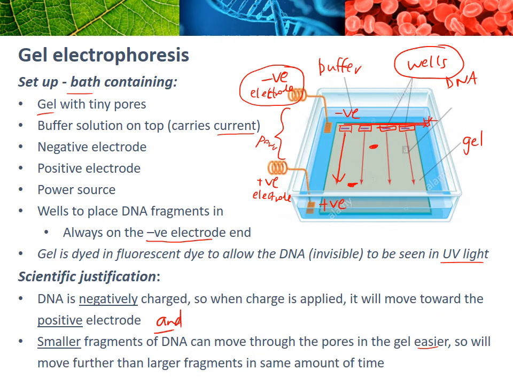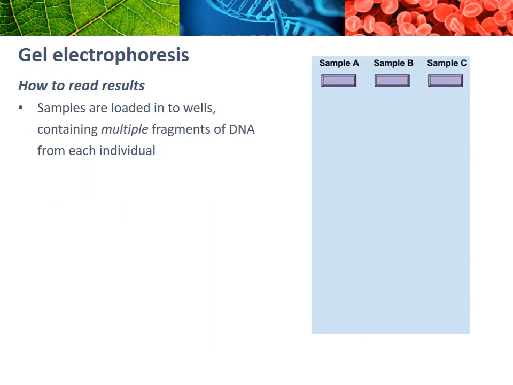So if we put a current on for an hour and then we turn it off and we see where those bits of DNA are, we can say, well, this one is smaller than this one because it moved further in the same amount of time. You could definitely get a question that asks about how gel electrophoresis is set up. So you do need to know that last information, but you definitely need to know this as well.